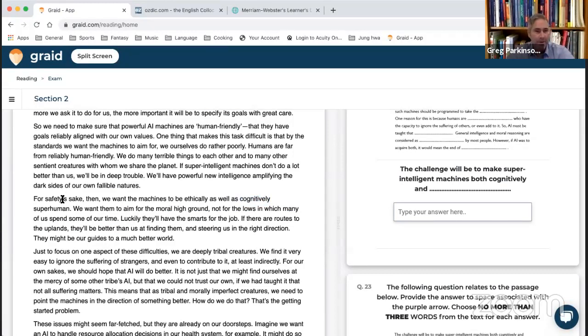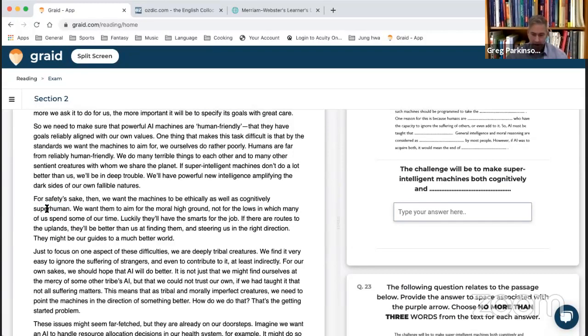So for safety's sake, then we want the machines to be ethically as well as cognitively superhuman, right? So the challenge will be to make super intelligent machines both cognitively and ethically superhuman, right? Now, that's a tricky one because in most cases, the words will be together.